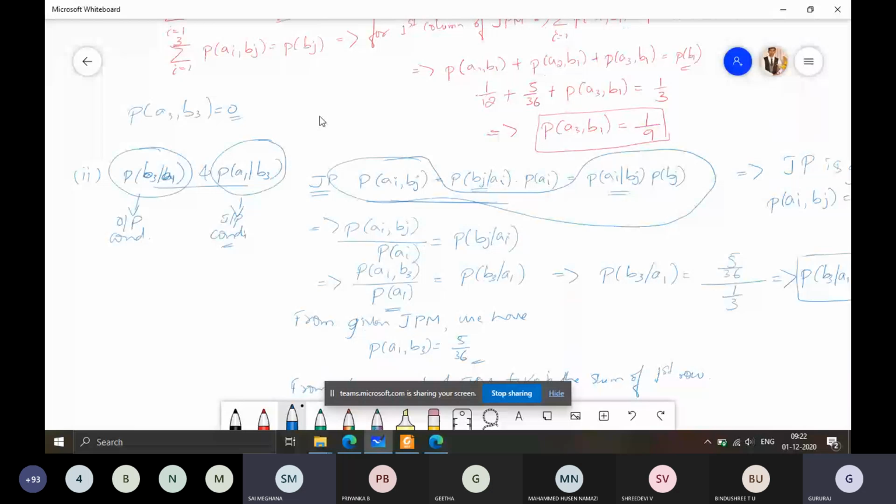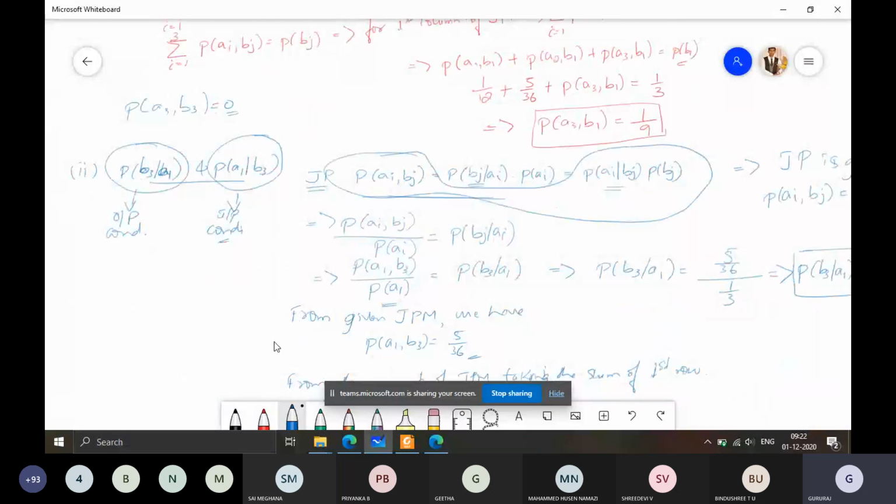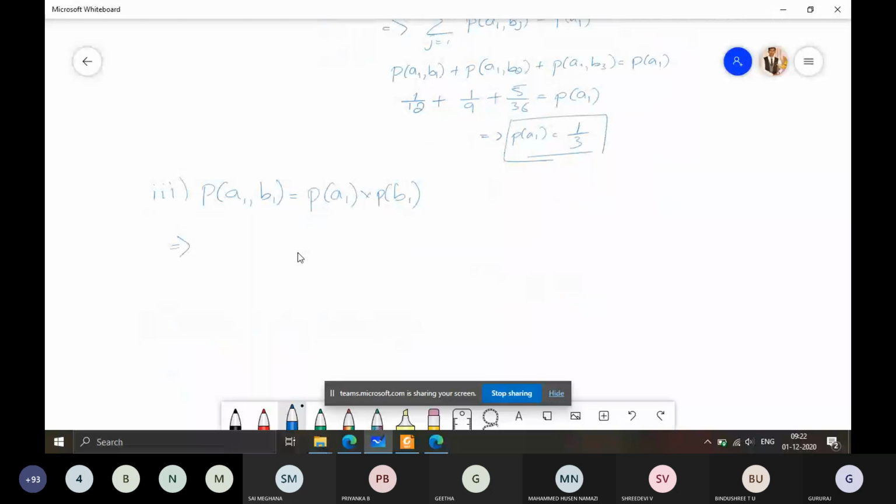Yes, 1 by 12, sir. Okay. Let's see whether it is equal to P of A1 into P of B1. So what is P of A1? We found out 1 by 3, into P of B1. P of B1 is given.